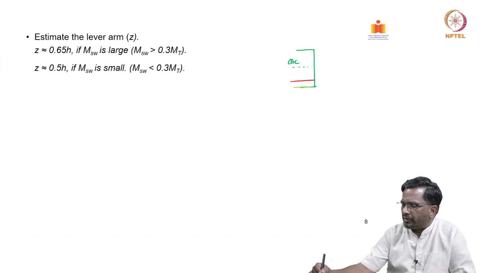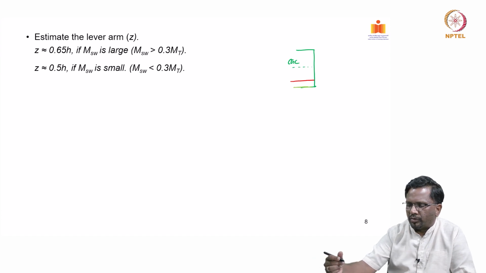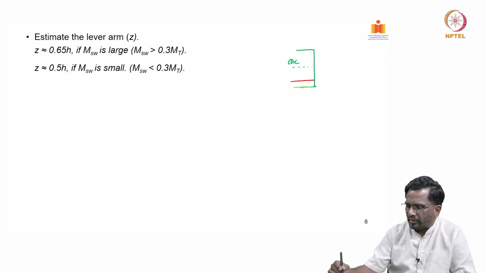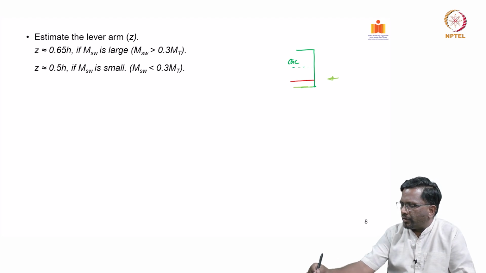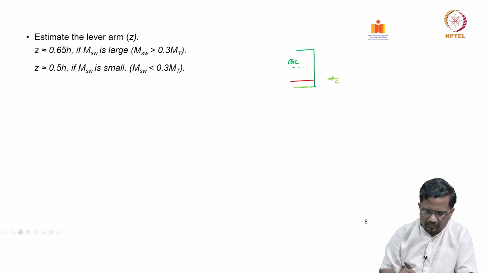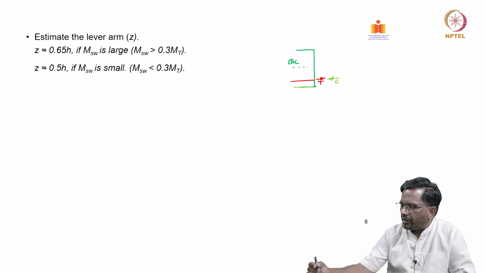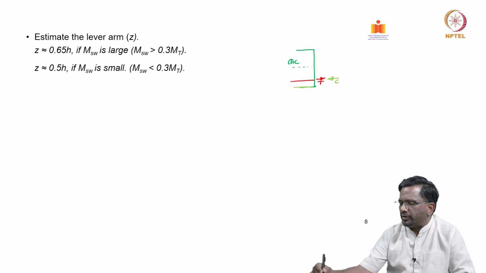Let us say, what we are trying to see here is, when no load is acting, C is here and this is your T, right. Now, this is when no loads are there.